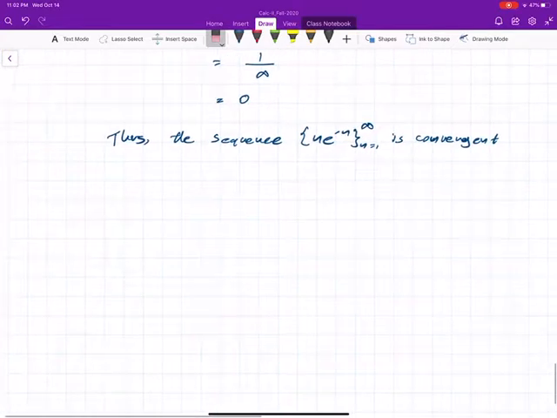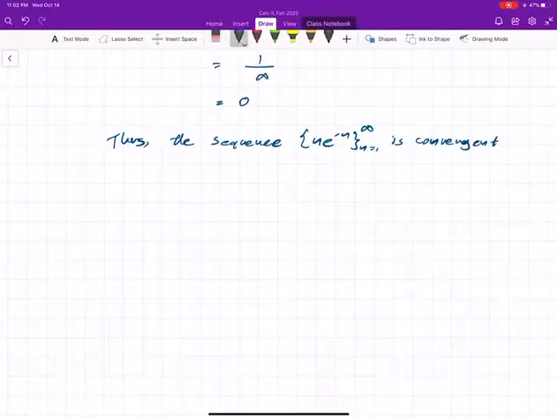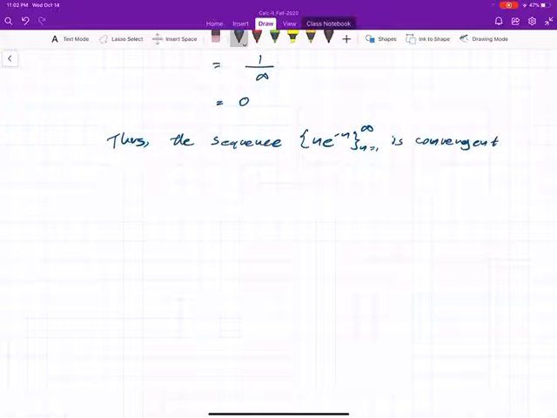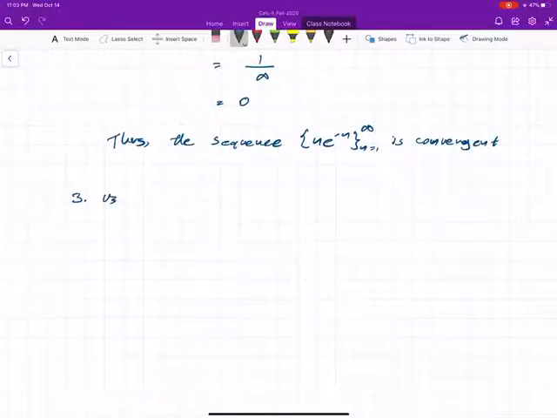Now go to the next approach, which is called the Squeeze Theorem. This is part 3. Use Squeeze Theorem.